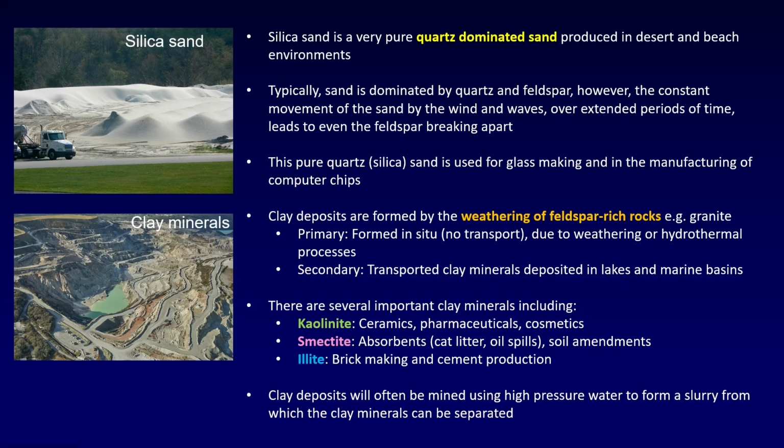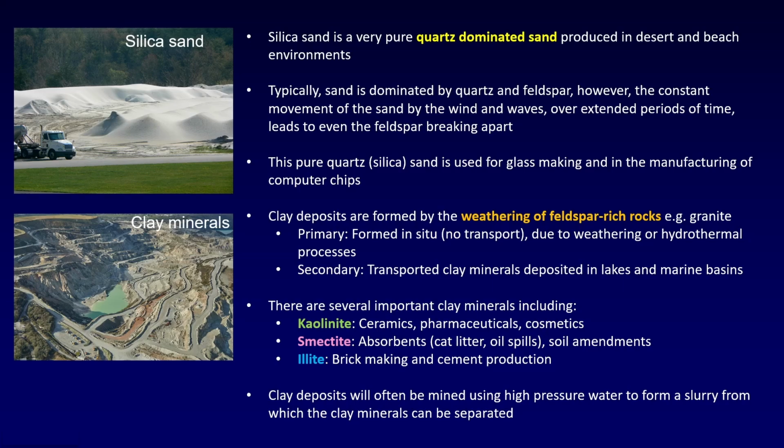And remember, feldspar has a hardness of 6. It's a very robust mineral. So in order to make it break down, you need to work on it for a very long time. And so constantly moving it backwards and forwards in a desert, or constantly pushing it backwards and forwards due to waves, is enough to slowly but surely break down your feldspar crystals, leaving just the quartz behind.